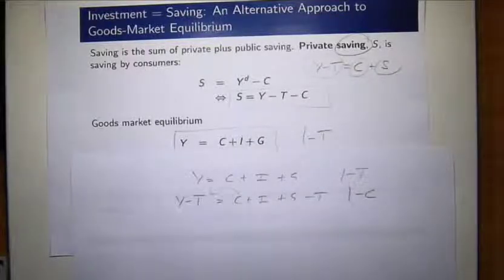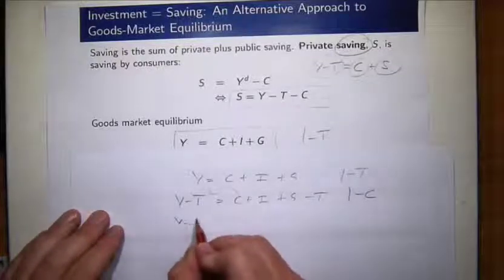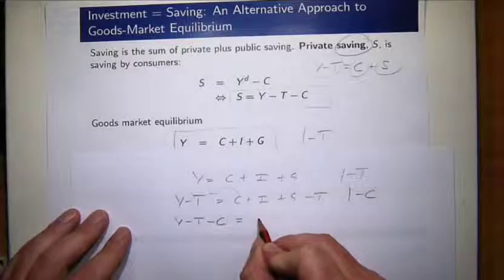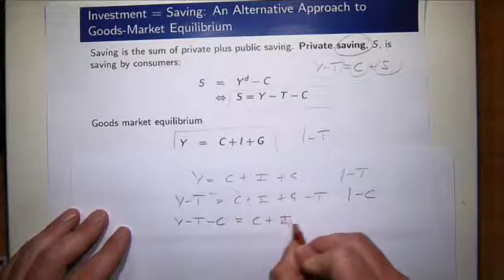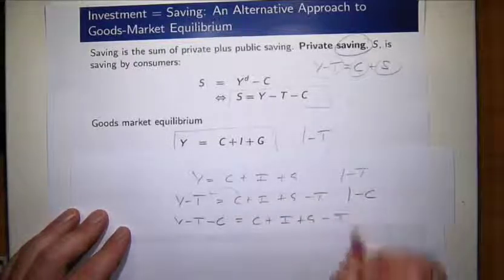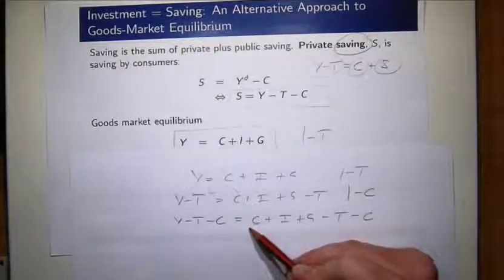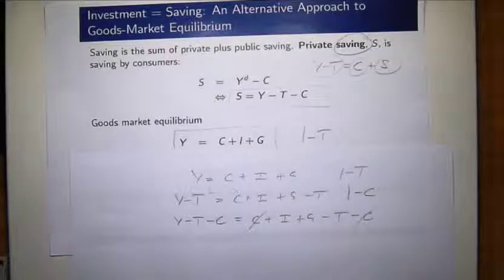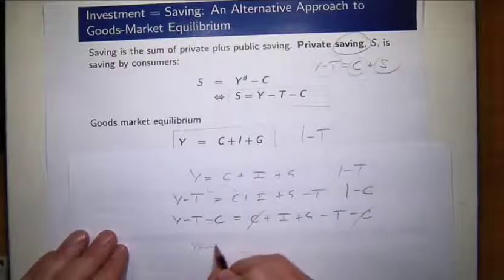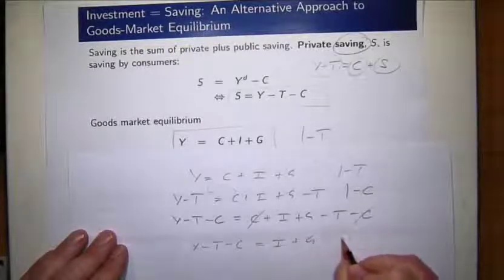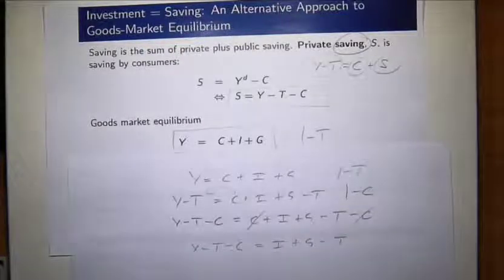So if I do this, I have Y minus T minus C equals C plus I plus G minus T minus C, and of course then this C and this C cancel, and I have Y minus T minus C equals I plus G minus T. Straightforward.